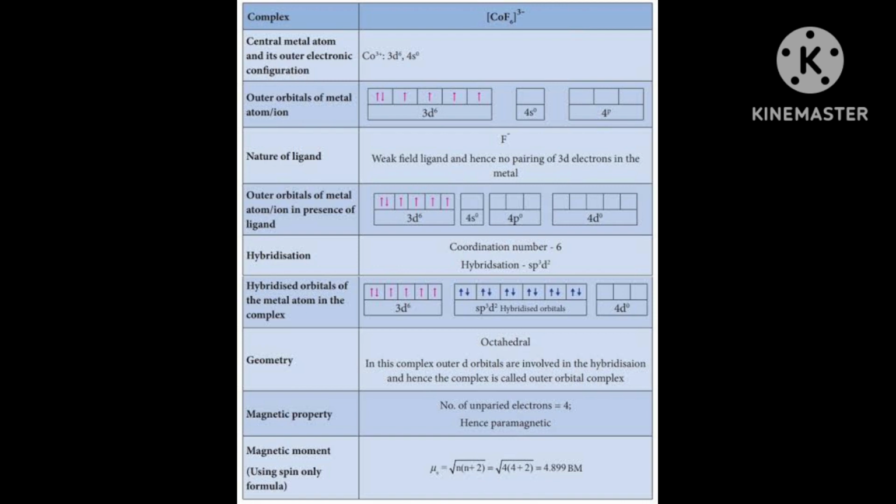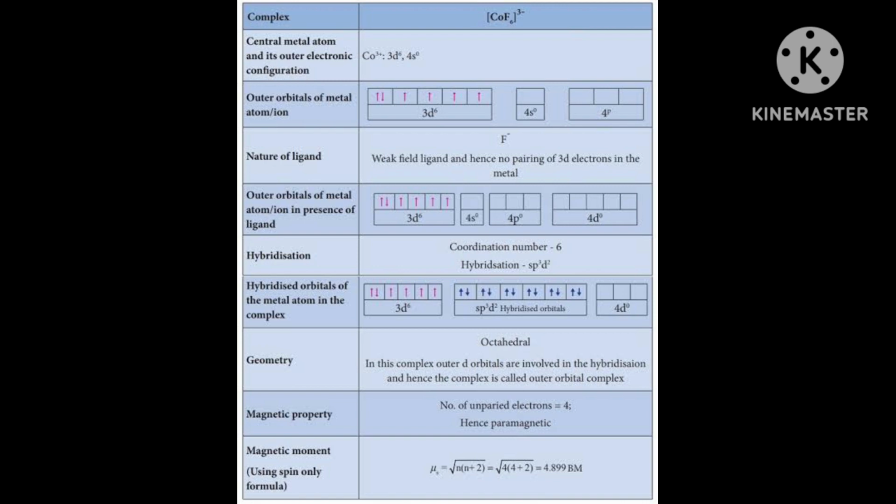Then the example I am telling you, the paramagnetic octahedral complex, cobalt F6 3 minus. This complex uses the outer orbital, 4d, in hybridization.